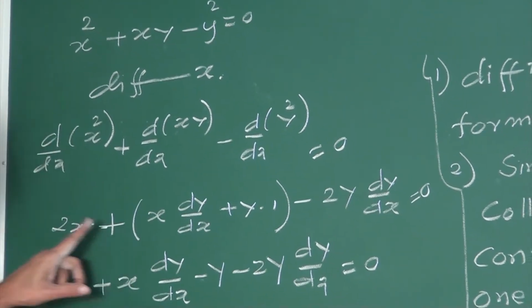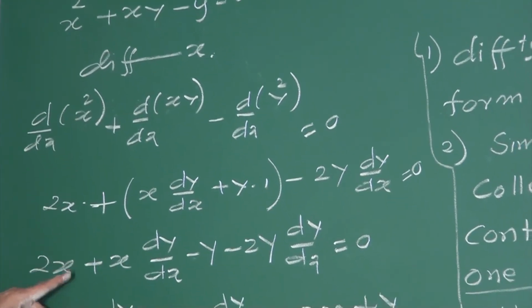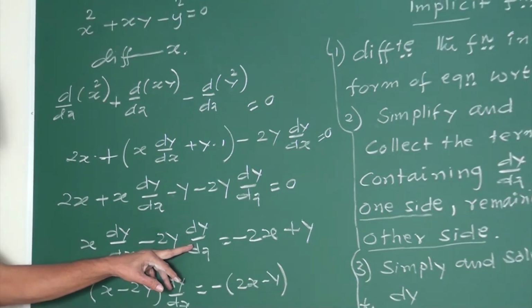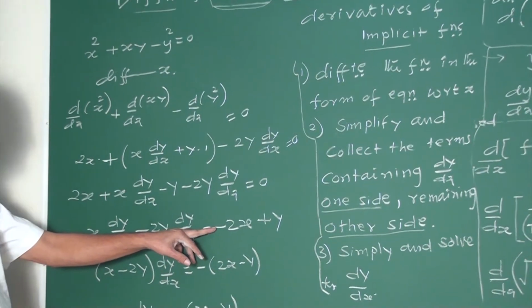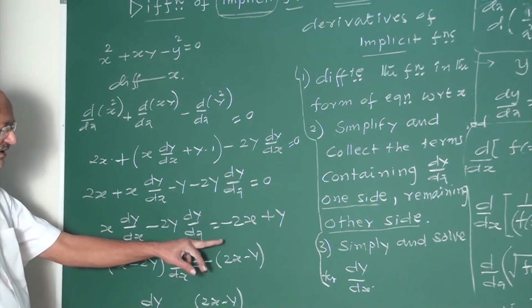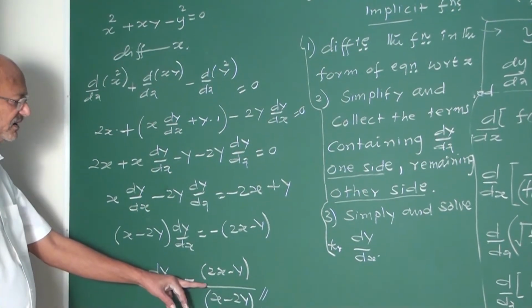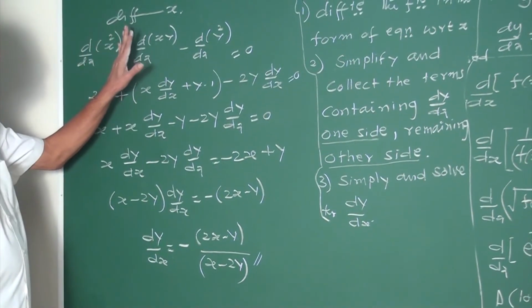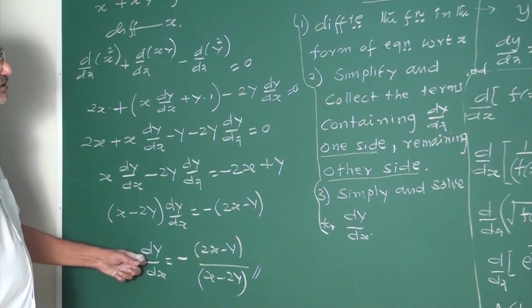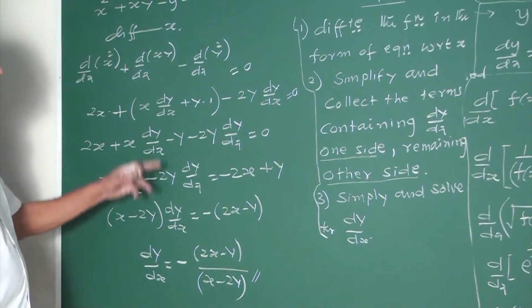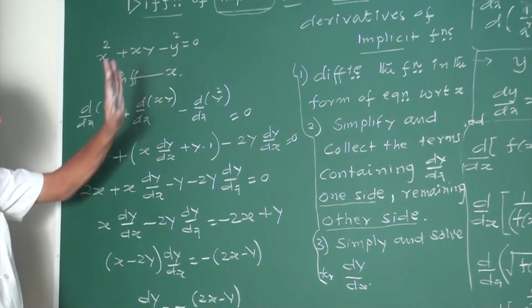Simplify and collect the terms containing dy by dx on one side, remaining on the other side. Then you solve for dy by dx. This is the method of finding the derivative of a function in case of implicit functions.